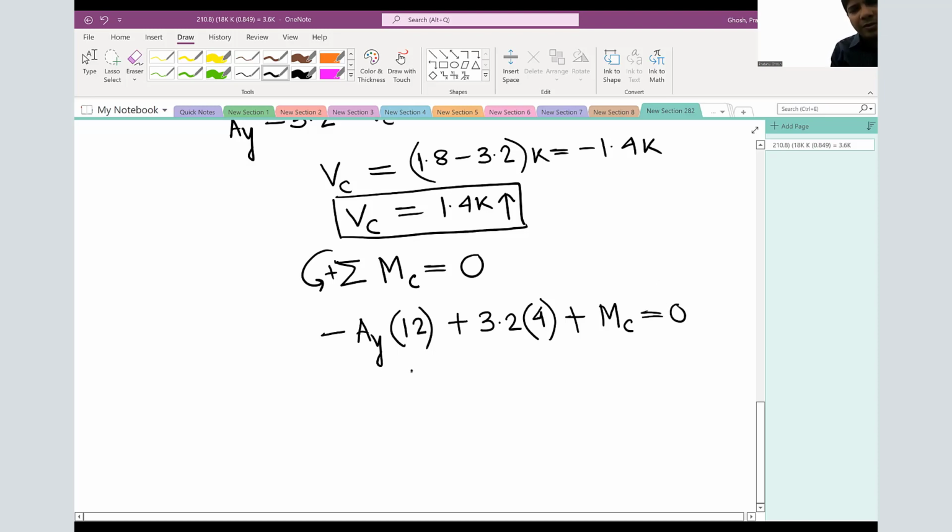So that gives your MC is how much? If you do the math, it comes out to 8.8 kip feet. Positive value, and we got a counterclockwise moment, so it will be counterclockwise. No change in sign.